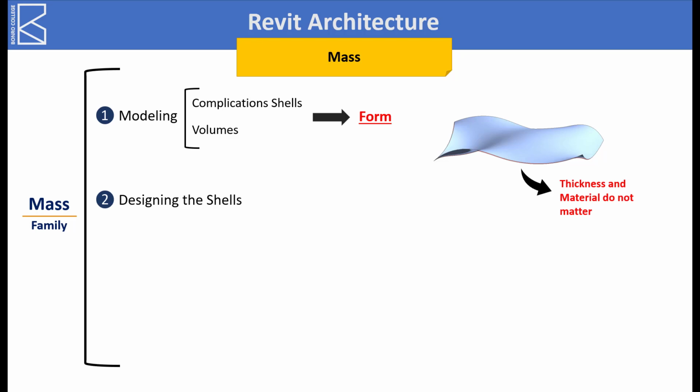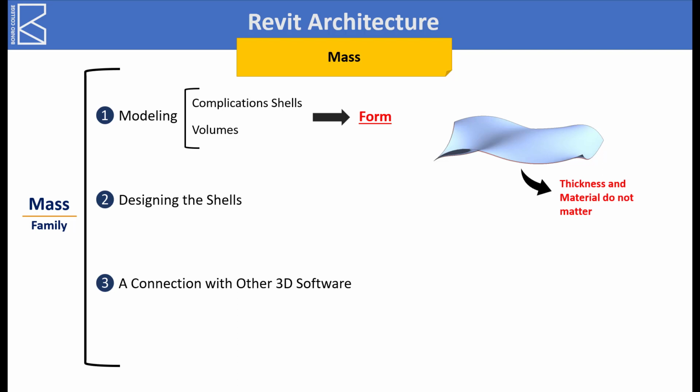Number three, it's kind of a connection, let's say a connection with other 3D softwares. You see, mass in Revit has a limited power. I mean, there are things that you can't model using mass, or it would be difficult to model them.